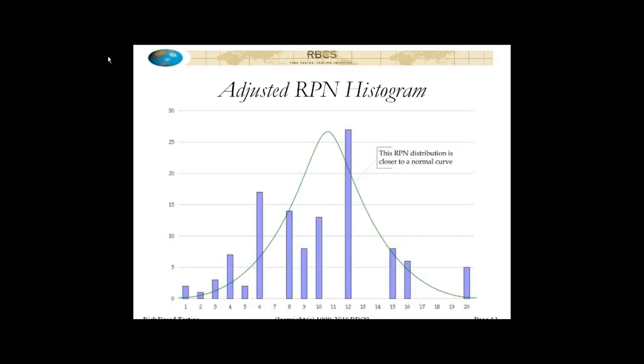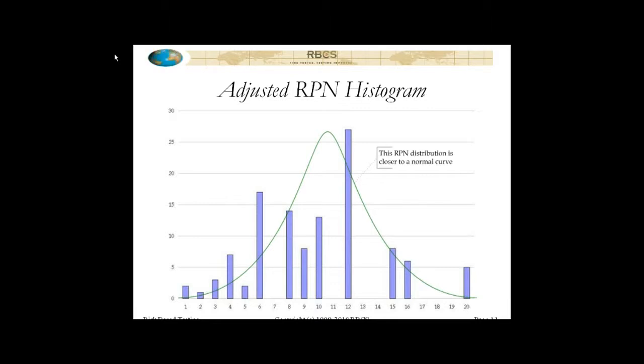We changed the definitions of what the ratings were for 2 and 3, what that implied from an impact point of view, and you can see these precise definitions and the changes we made in the article, as I said, that's on the website, risk-based testing article. But this is now the adjusted risk priority number histogram based on that reevaluation.